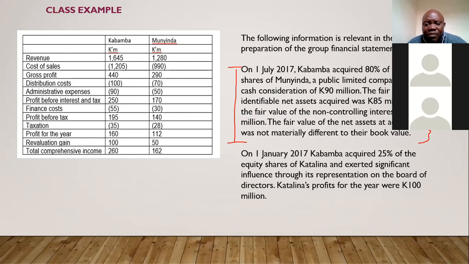Then on 1st January 2017, Kavamba acquired 25% of the equity shares of Catalina and exerted significant influence through its representation on the board of directors. Catalina's profits for the year were 100 million kwacha.